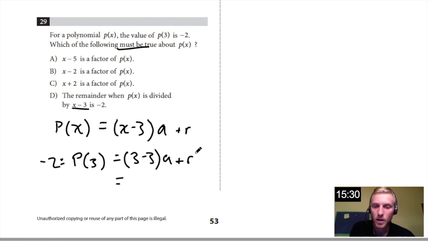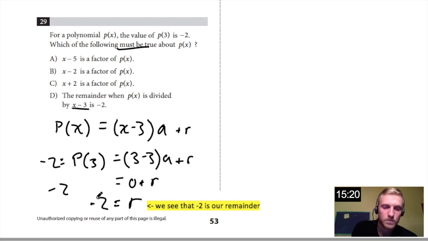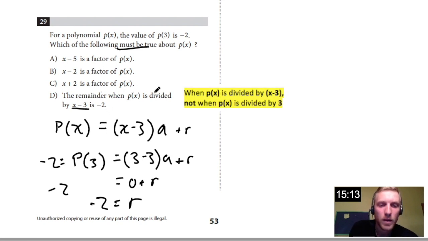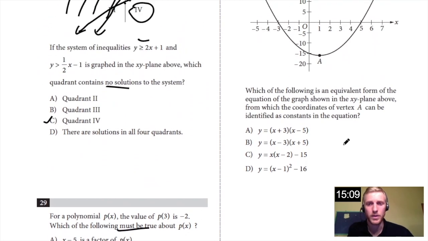That's going to isolate our remainder r. So 0 times a is 0 plus r. Remember we said negative 2 is equal to this. So negative 2 equals r. So the remainder when p of x is divided by 3 is negative 2. So it must be answer D.